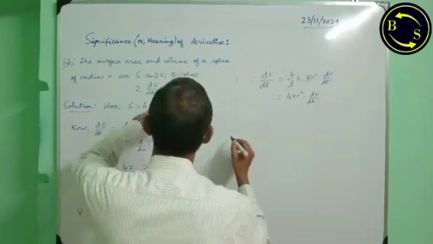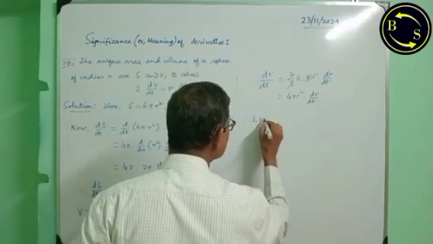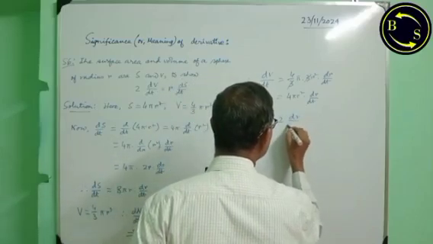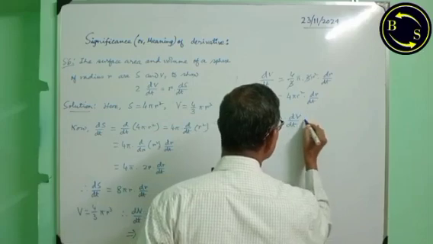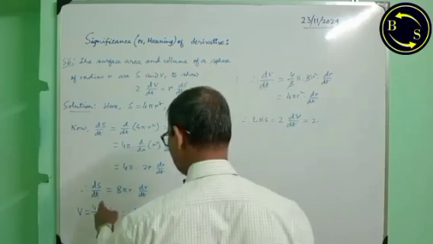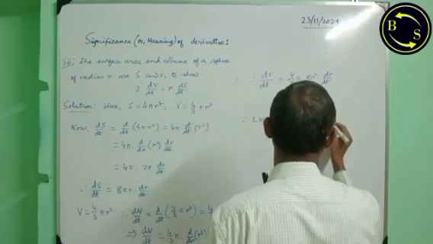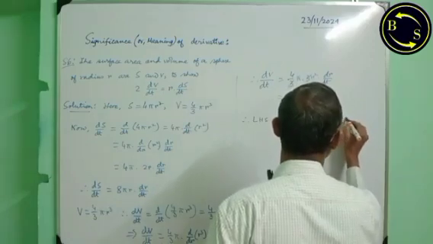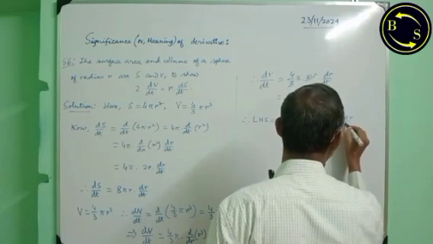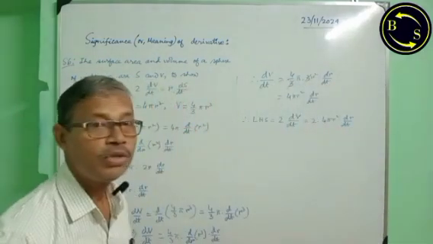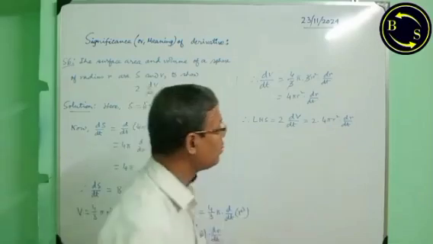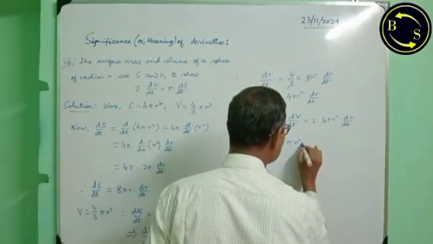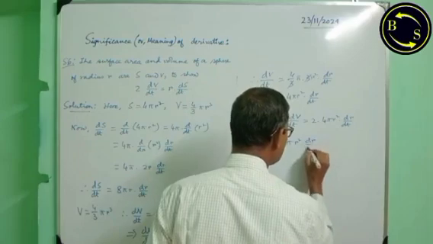Therefore, we have to prove this one. LHS is equal to 2 dV/dt. Already we have got dV/dt, so 2 into 4 pi r square into dr/dt, that is equal to 8 pi r square into dr/dt.